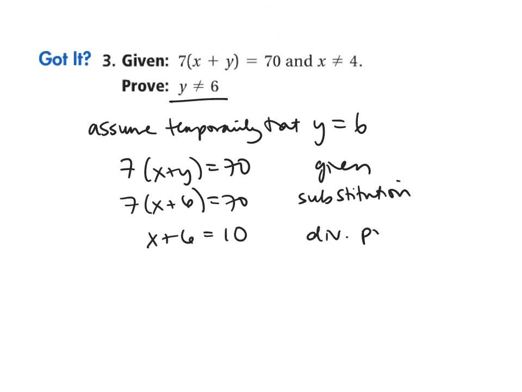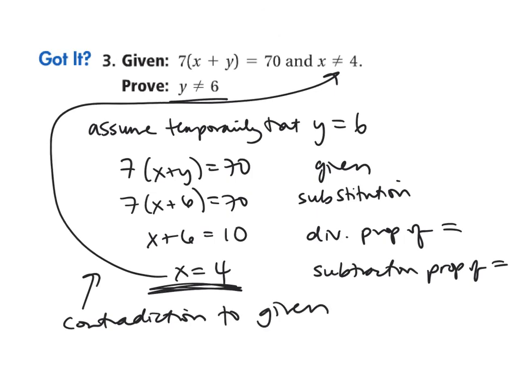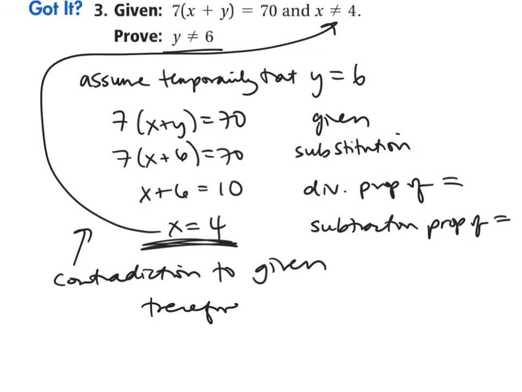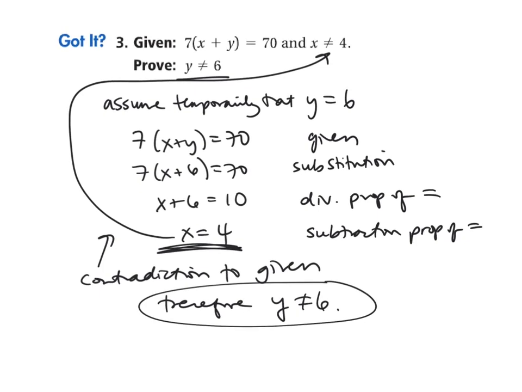That's the division property of equality. Let's subtract 6 from both sides. So we get x equals 4. That's the subtraction property of equality. And there's our contradiction. We were given that x does not equal 4. But we have here that x has to equal 4 in order for y to equal 6. So because of this contradiction to the given, therefore y cannot equal 6. So that is how an indirect proof works.